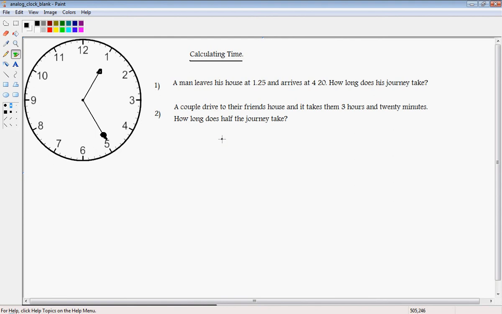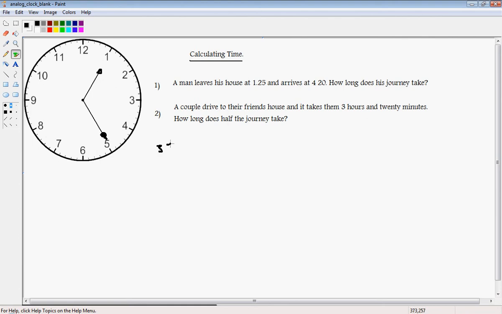Now, when I do this, I do this as a child would do it because I find it's the safest way. So from 1:25 to 2 o'clock, this hand has now got to go round to the 12 to become 2 o'clock. So this would be 35 minutes.